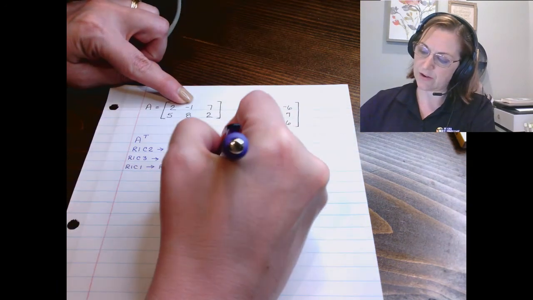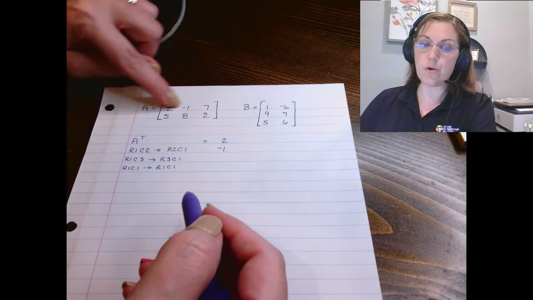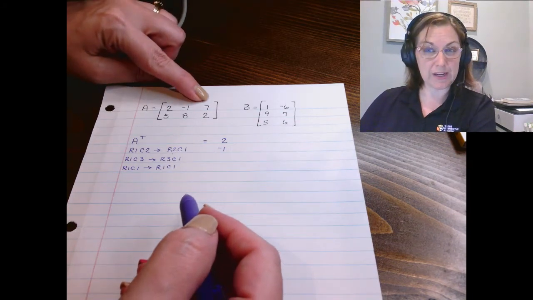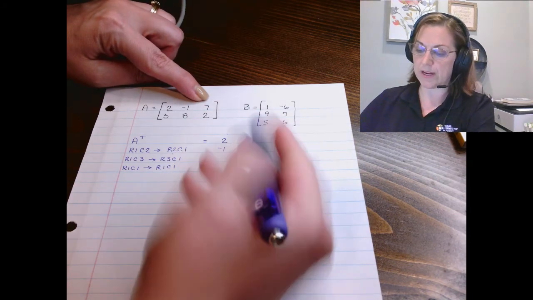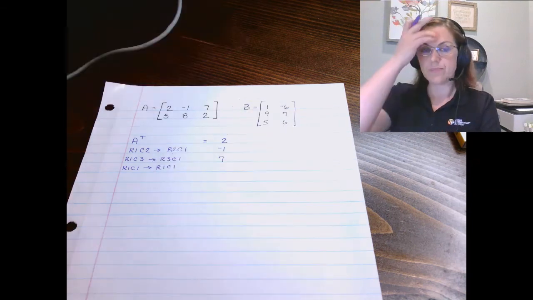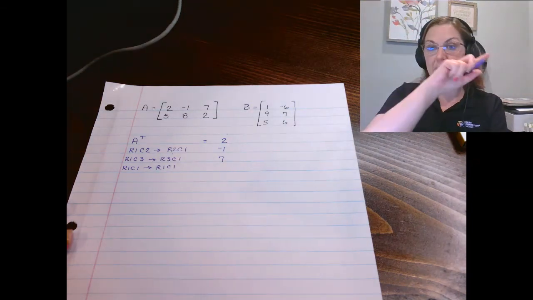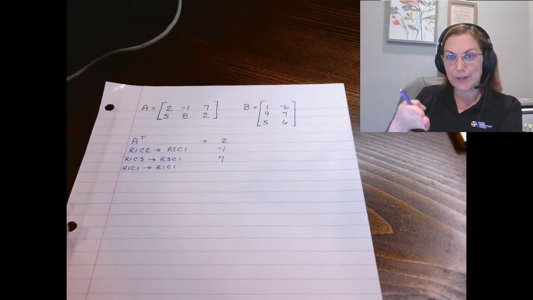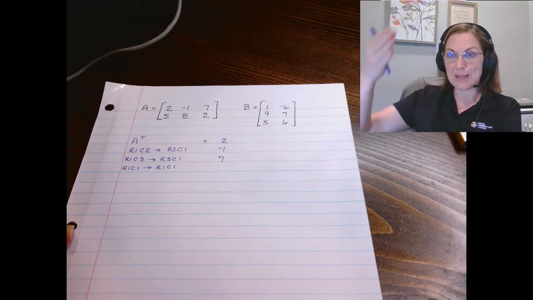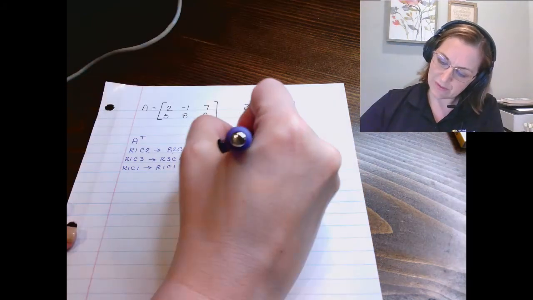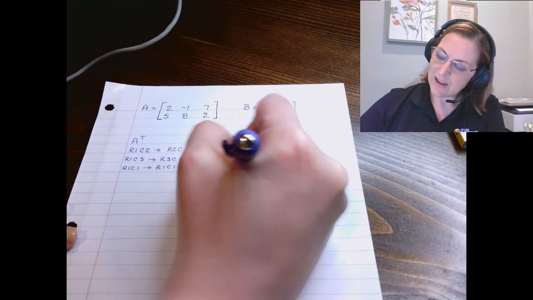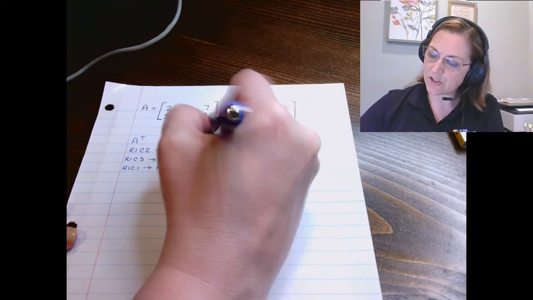Row 1, column 3 becomes row 3, column 1. So basically, you took row 1 and made it column 1. Now we're going to take row 2 and make it column 2. And that's how we get A transpose.